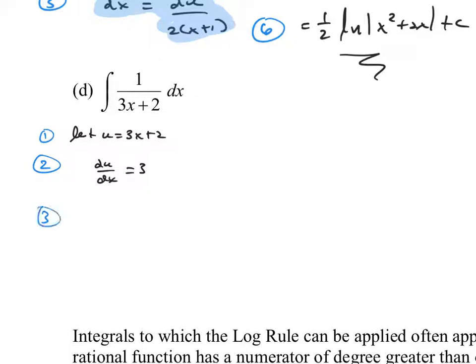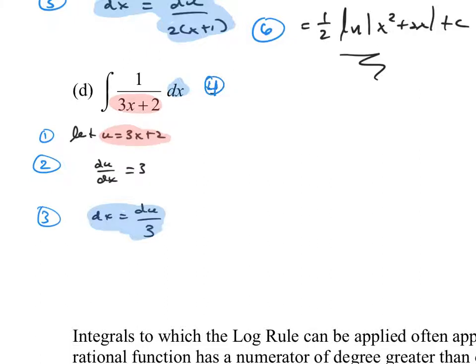Step 3, solve for dx, so dx would equal du over 3. Think about replacing back into the original integral. We need to replace in dx, and we also need to replace in u.